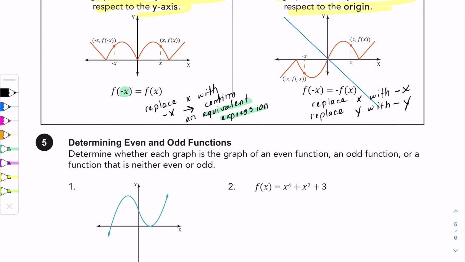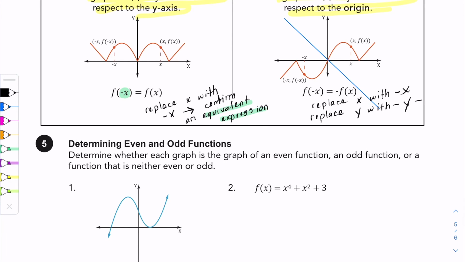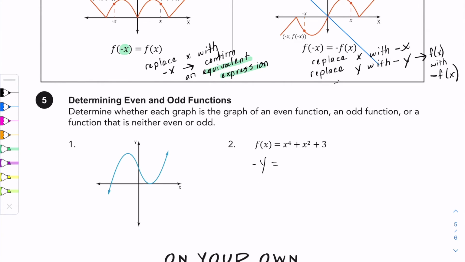So I wrote replace y with a negative y, but this is the same as f of x with negative f of x. Confirm an equivalent expression.